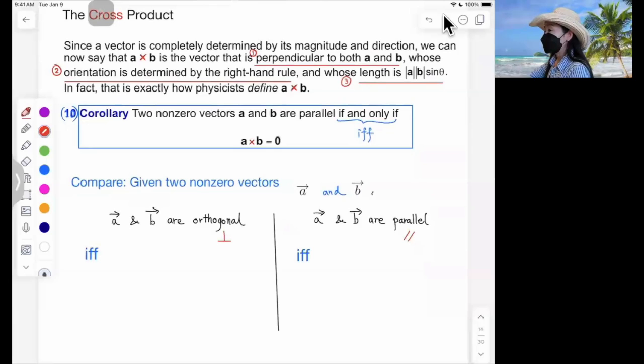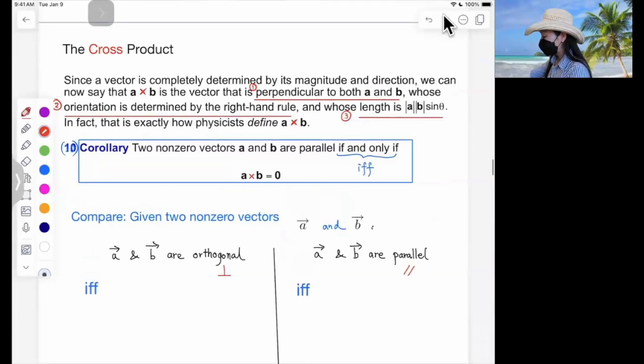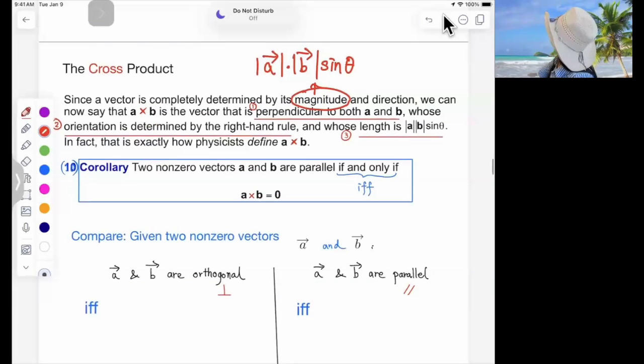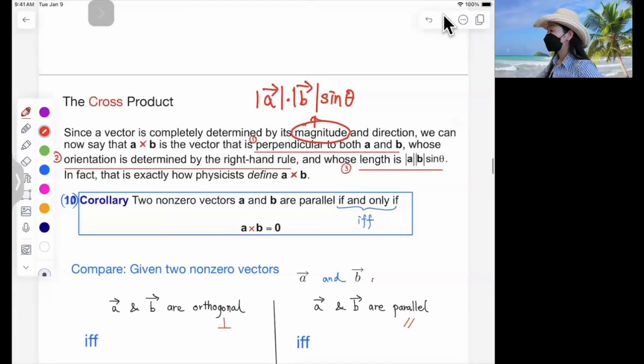Now, a vector is completely determined by magnitude and direction, right? So we just talked about how you get the magnitude of the cross product of A and B. What's the magnitude? Magnitude of A times magnitude of B times sine of theta. That's the magnitude. And what about the direction?